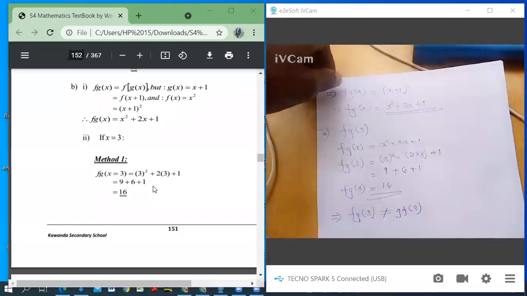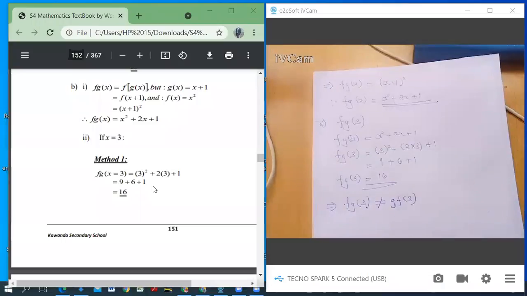Now, to make it the same, that will take us to what we call conditional functions.